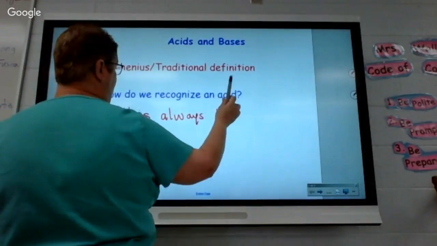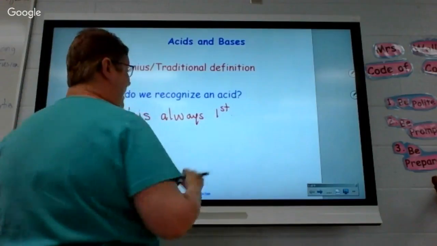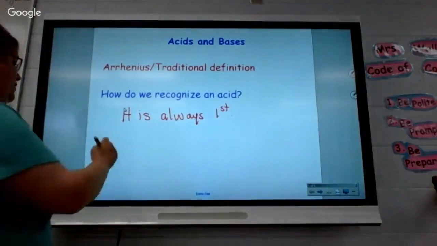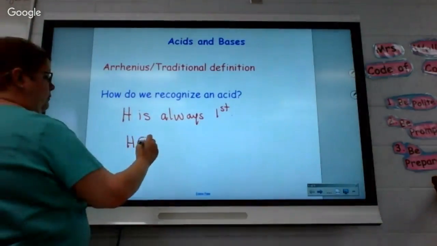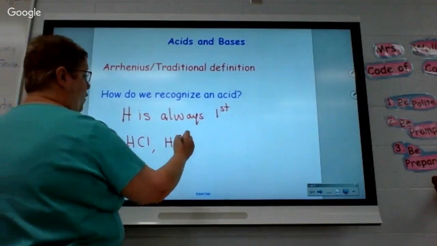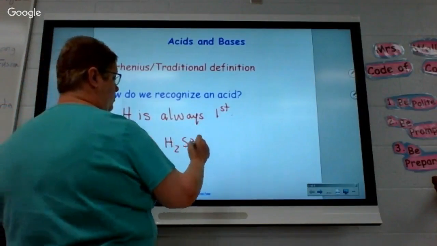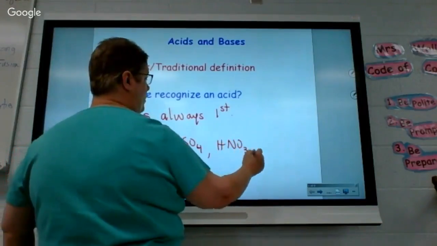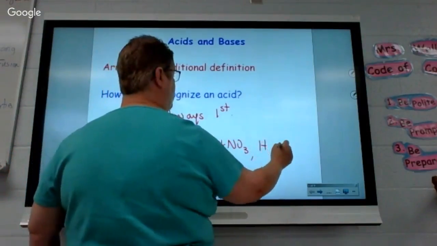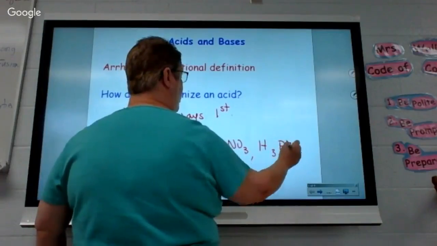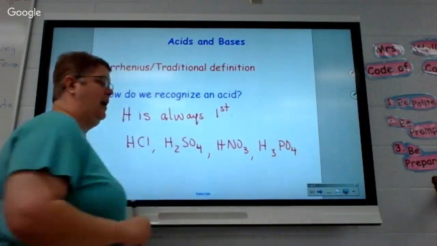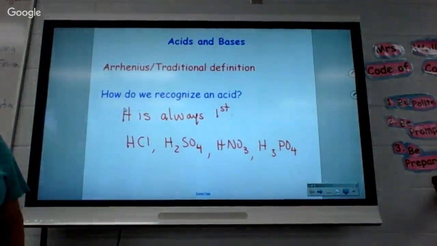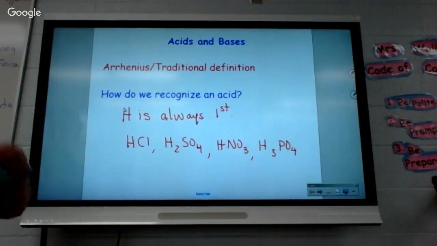The acids we've learned this semester, HCl, H2SO4, HNO3, H3PO4, all start with an H at the front. They're all traditional or Arrhenius acids because the H is at the front. Any issues with that?